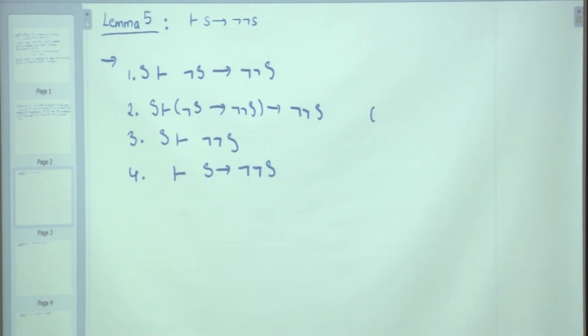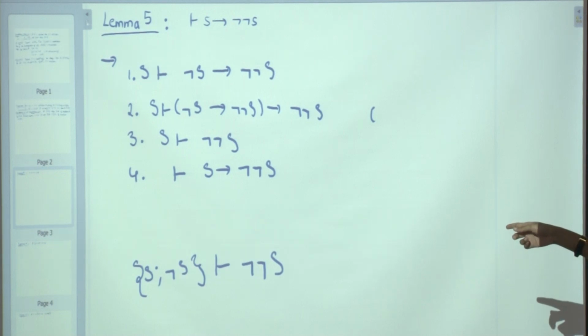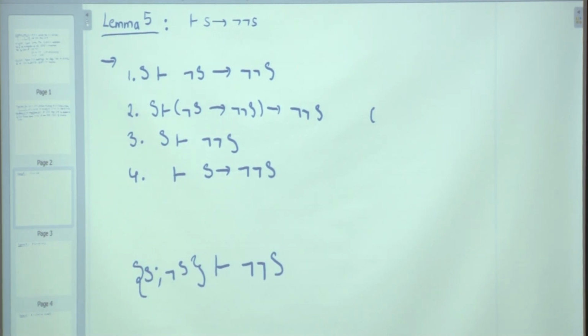Where is the first line coming from? Because they can prove anything. Have we done it in class yet? Yes, it's from lemma 2.